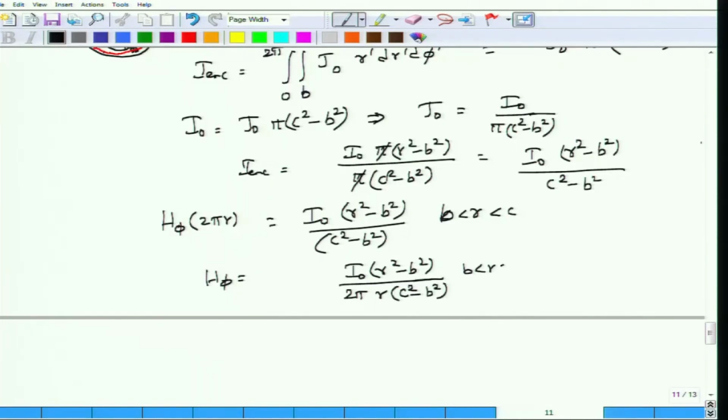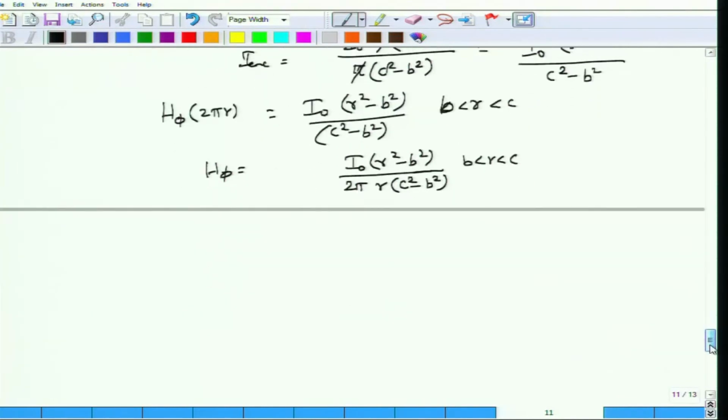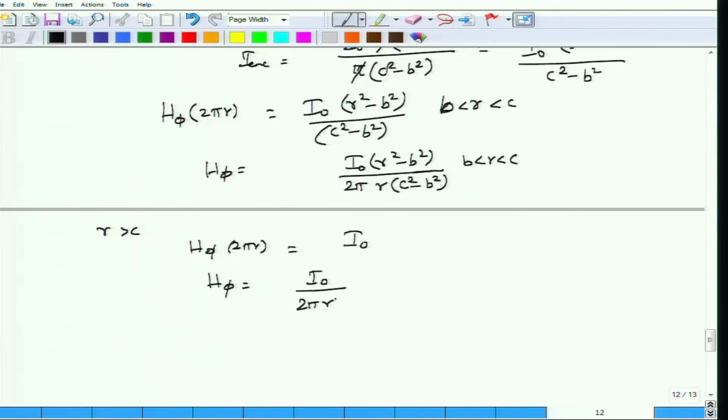That is for b less than r less than c. Of course, when your Amperian loop has a radius greater than c, then H_phi into 2 pi r will be the same, but the total current enclosed will be I0, correct. So H_phi can be written as I0 by 2 pi r.